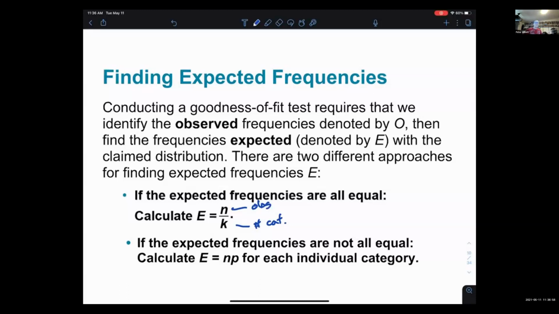Now, if the expected frequencies are not all equal, like 25% for convertibles, 75% for non-convertibles, then you would calculate each E by multiplying the total number of observations times the percentage expected in that category. So I did 25% times 185 for my first expected value and 75% times 185 for my second expected value. So they're showing you a little bit of the nitty-gritty here. And it is helpful to at least understand how expected values are achieved.